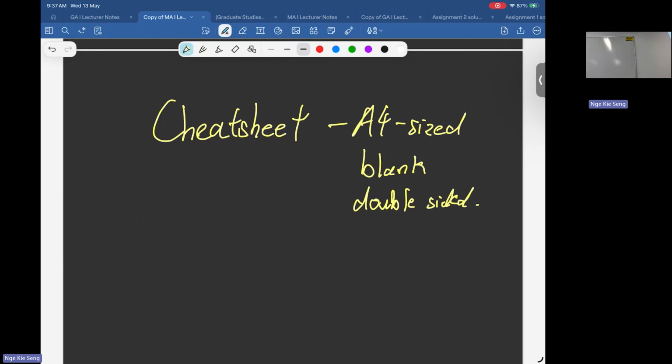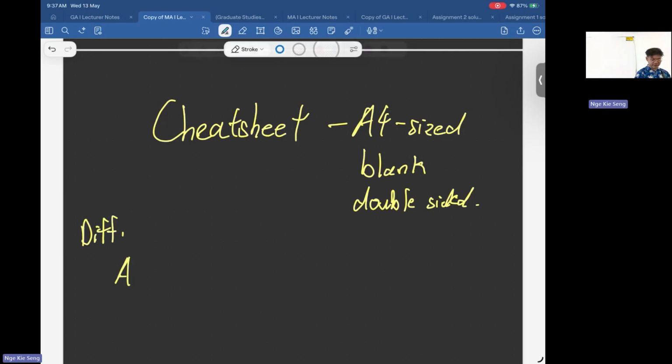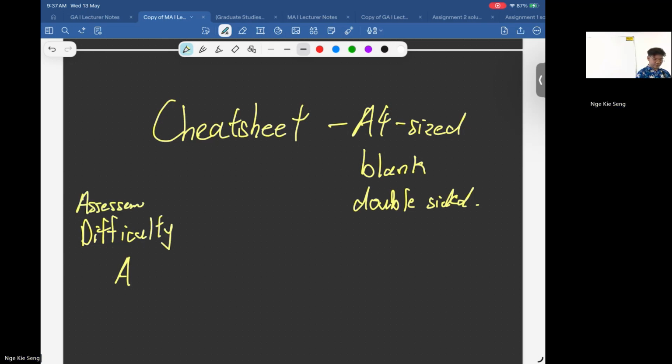So usually, let me rank the difficulty for assessment. I would think the assignment will be the hardest one.